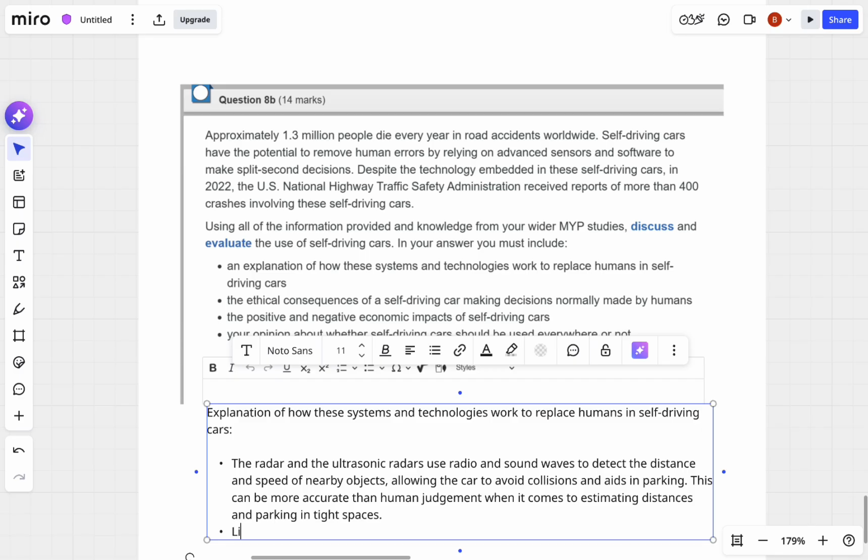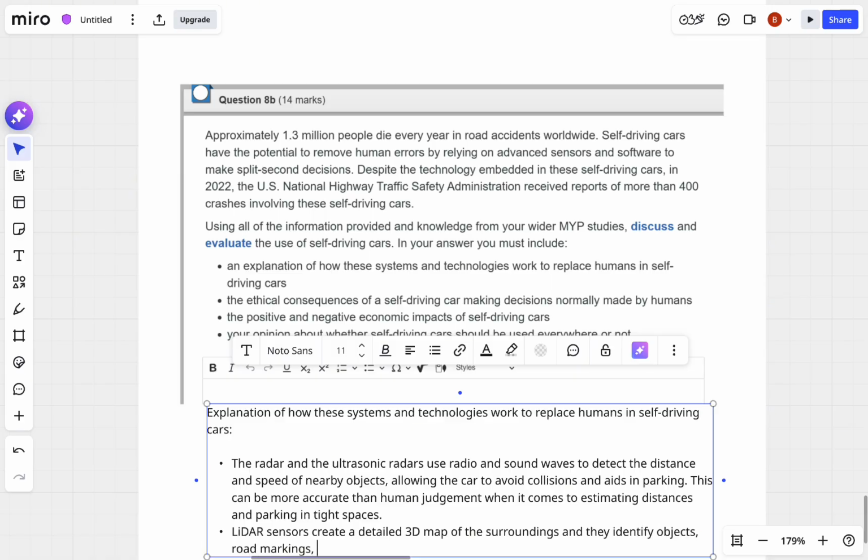Second point is about the LiDAR sensors. LiDAR sensors create a detailed 3D map of the surroundings, and they identify objects, road markings, and road edges or curbs, whatever you can call it.